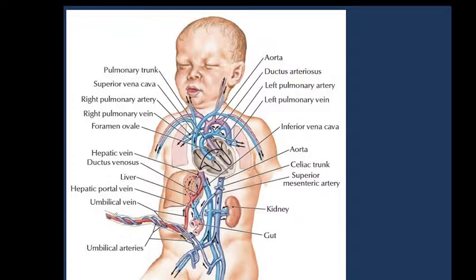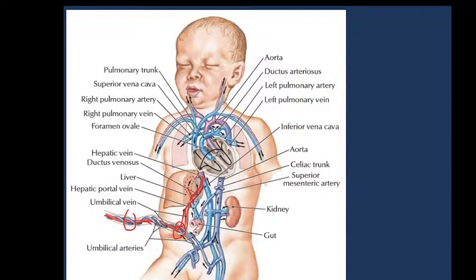You see here the umbilical cord and umbilical vein come into the fetal body. This is the place which we call the umbilicus, in the center of the anterior abdominal wall, and then one branch comes into the liver and another branch comes into the inferior vena cava.